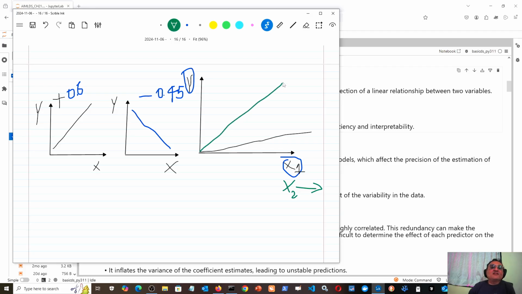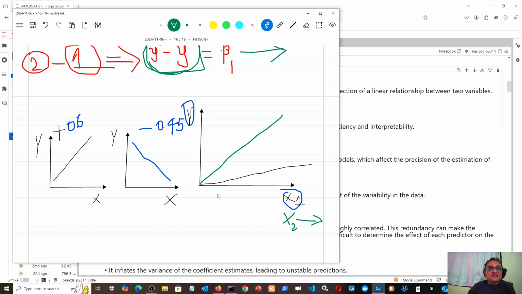Now here both are having positive correlation, right? Because as x1 increases, y increases, and as x2 increases, y also increases. But here the increase in y with this green colored graph is very steep. So we say that this is strongly correlated. The response variable y is strongly correlated with x2 while it is weakly correlated with x1. And how will you know about that strong and weak correlation?